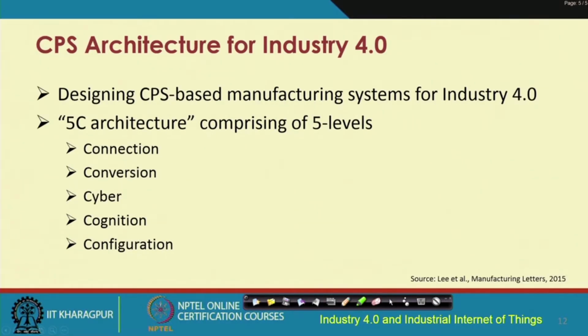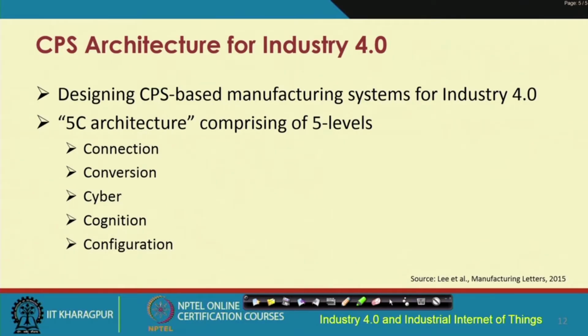So basically we were talking about Industry 4.0, and at the outset I mentioned that cyber physical systems are very attractive for use in the manufacturing industry and other industries also, for leaping forward towards achieving Industry 4.0 goals in general.